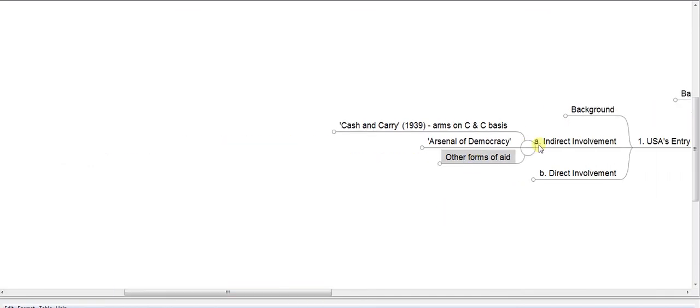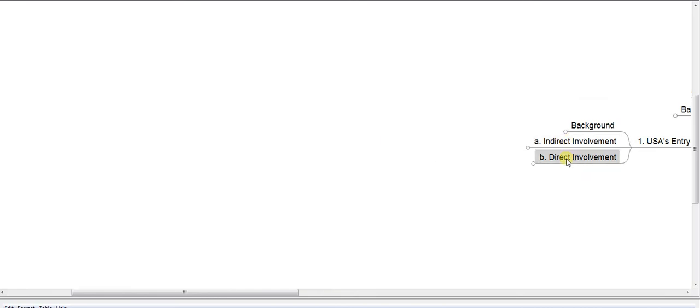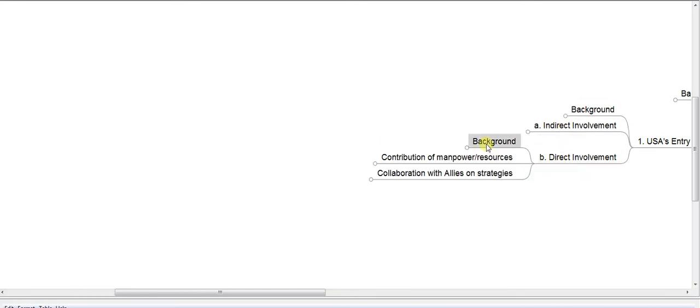Okay, right now I'm going to look at direct involvement. So some background. Why on earth did the USA, from pursuing a policy of isolationism, suddenly get directly involved, send its troops, its tanks, everything into Europe itself? Basically, Pearl Harbor, 1941.